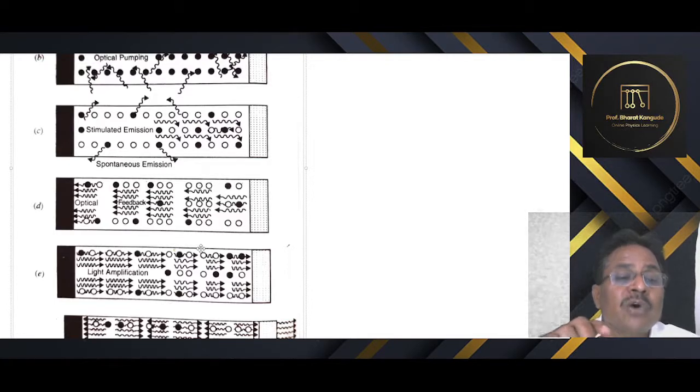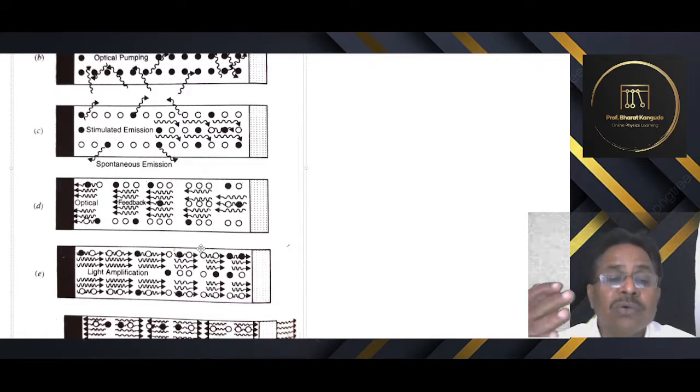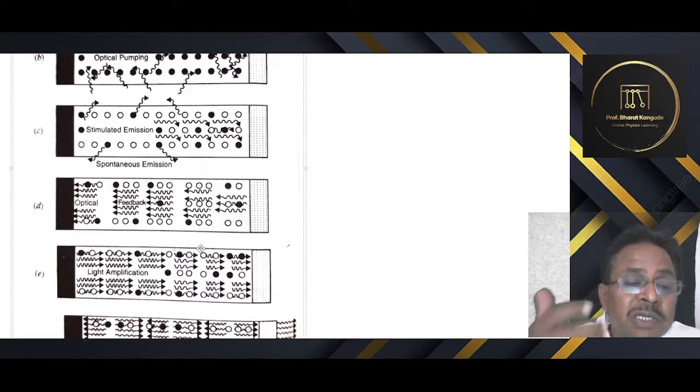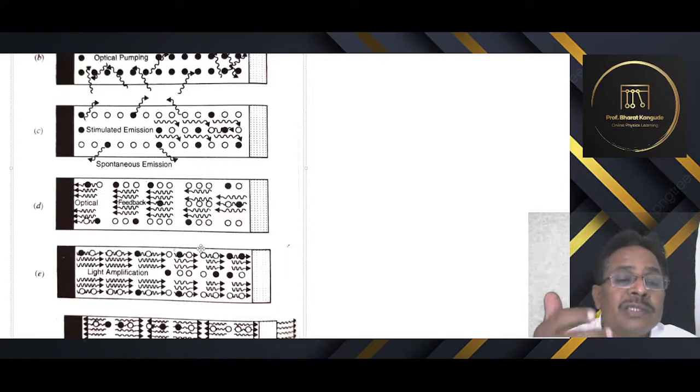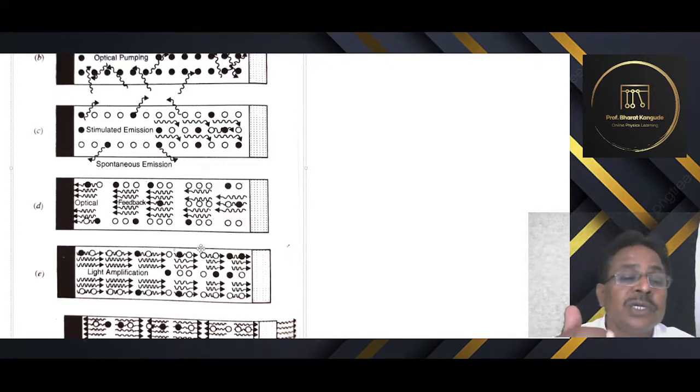Now this is called optical feedback. When these stimulated emission radiations reach mirror OM, the second mirror on the right hand side, they start reflecting, and as they get reflected, they again carry out certain stimulated emissions, and that's how the radiations have a particular direction, the opposite direction that is shown here. So this is how optical feedback is reached.